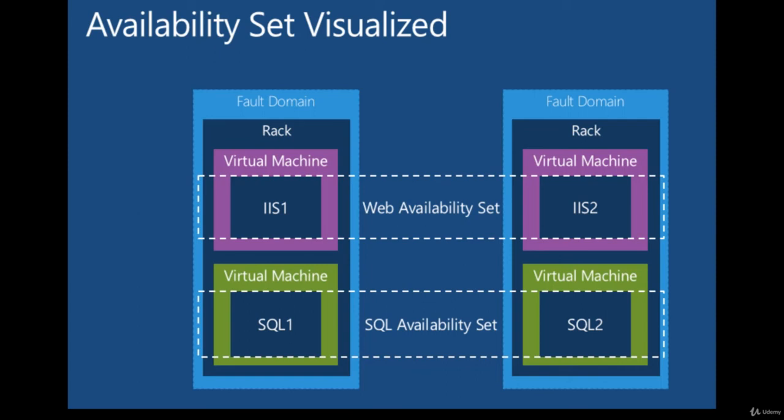An update domain allows Azure to perform incremental updates across your deployments. Each update domain contains a set of virtual machines and their associated physical hardware which can be updated and rebooted at the same time. During a planned maintenance, only one update domain is rebooted at a time, but by default, there are 5 update domains. But you can configure up to 20 update domains if you like.